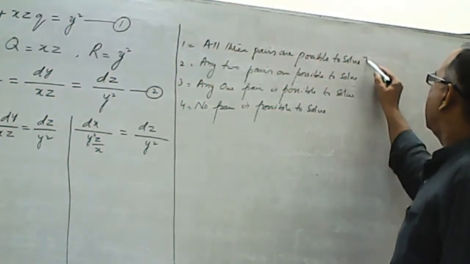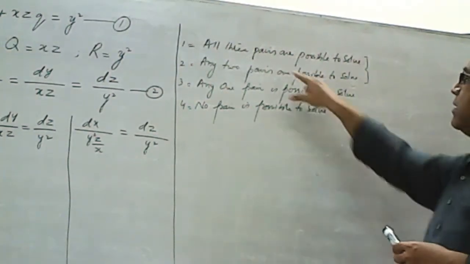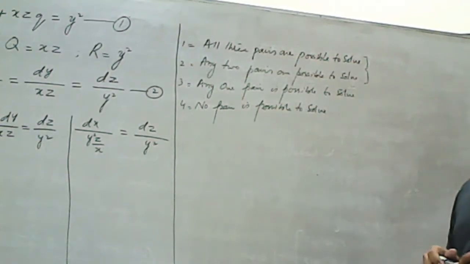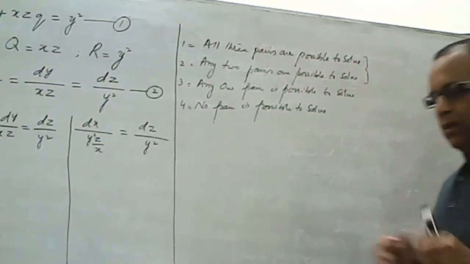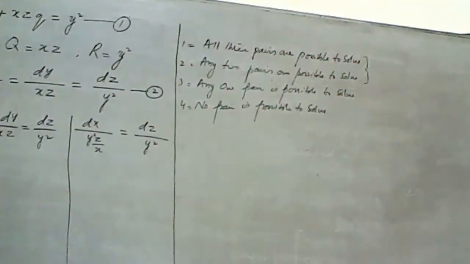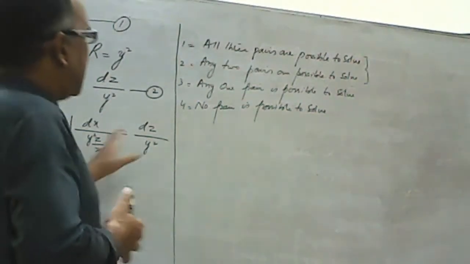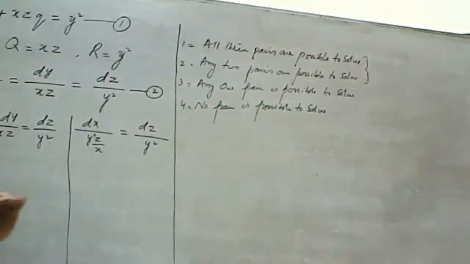So number one, if all three pairs are possible to solve and any two pairs are possible to solve, we will consider these two possibilities jointly. Why? Because as I said previously, if all three pairs are possible to solve, then still I will only solve two pairs. Why? Because two pairs are enough to prove that A equal to B equal to C.